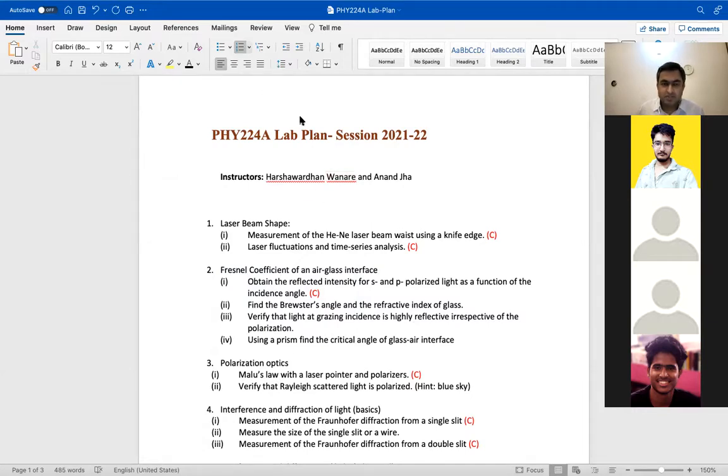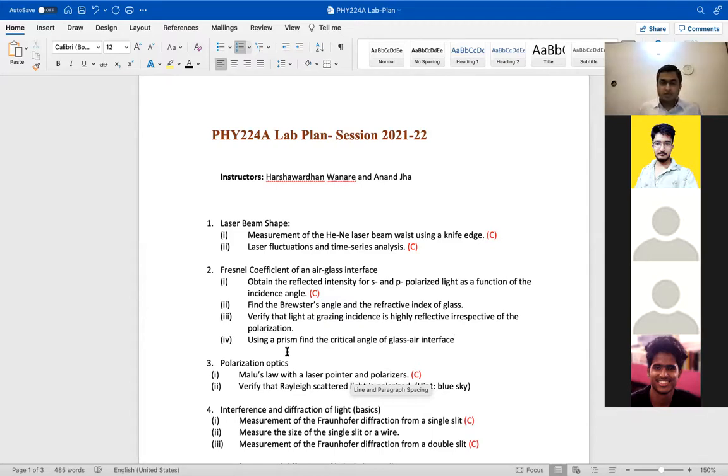For example, there was this frustrated total internal reflection that we had put, but it seems that will be very difficult to make any quantitative analysis on, because the glass prisms that we are providing are not of very high quality. So we have accordingly modified this a little bit. I'll come back to this.